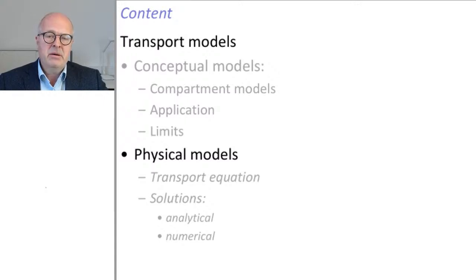Now, I did my PhD on conceptual models and compartment modeling. This is quite interesting. It's very well established because it's used also in medical studies. Pharmaceutical studies are based on compartment models.